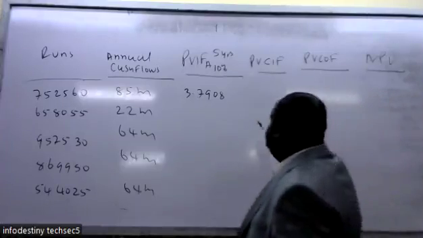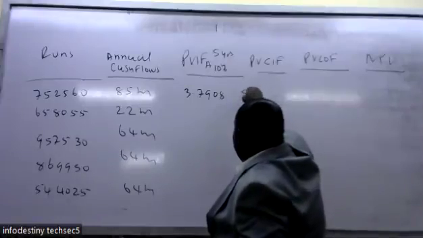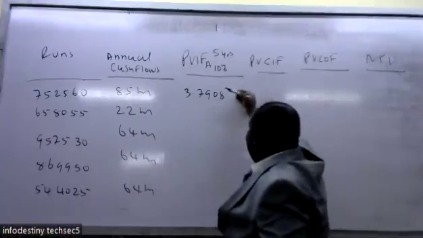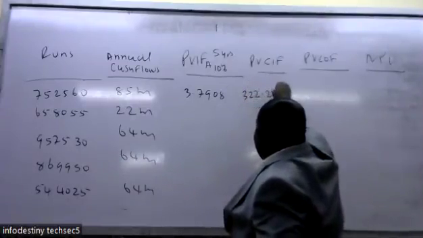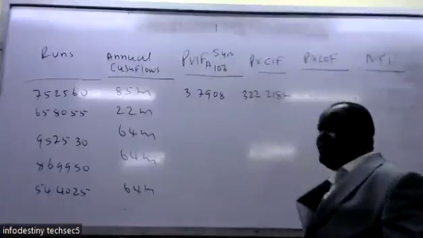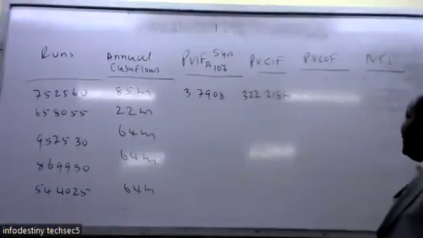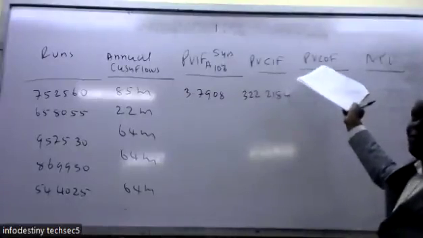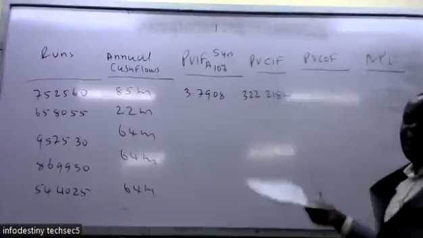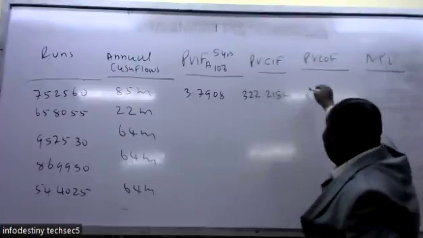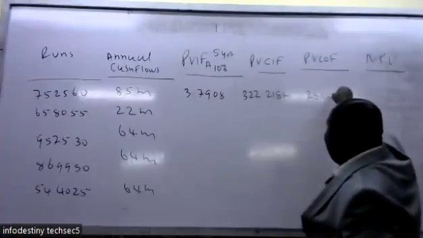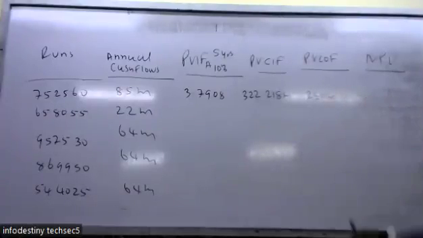That gives 322.218, it is exact. This other one does not change. Remember the initial cost of the project. It was 250 million, do you remember? So we must subtract 250 million so that we get our NPV.